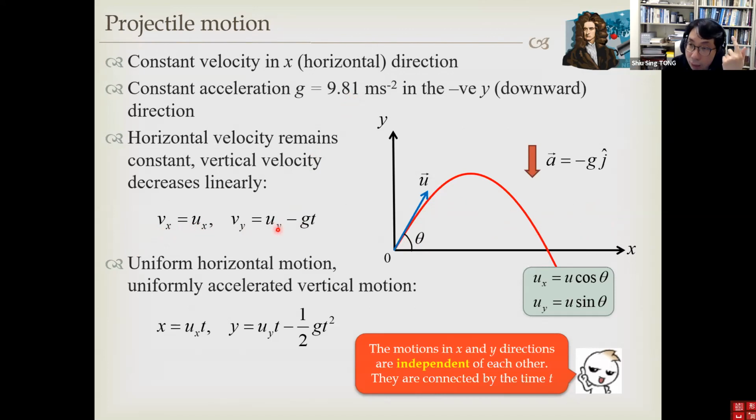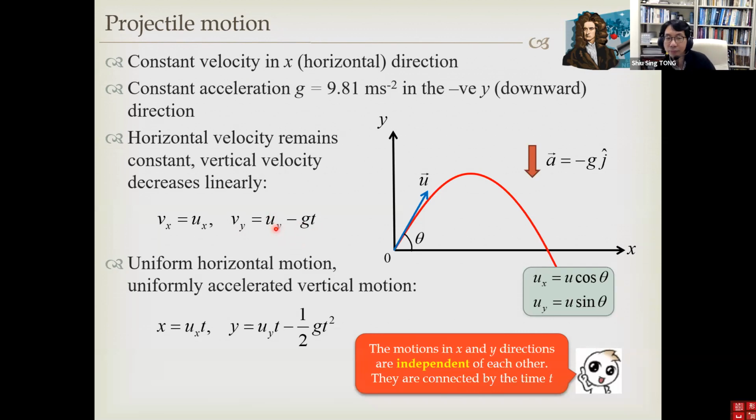It is the initial y component of the velocity uy minus gt. This equation is simply the uniformly accelerated motion in the y direction with the downward acceleration. You simply apply the equation of uniformly accelerated motion, but with the acceleration a equal to minus g.